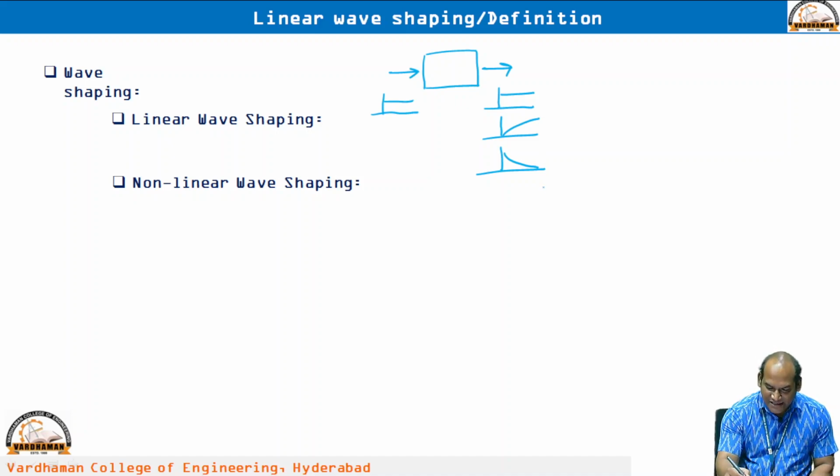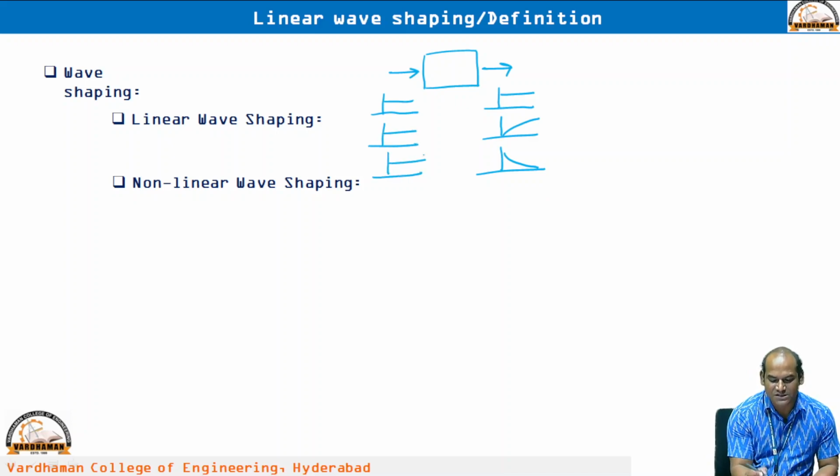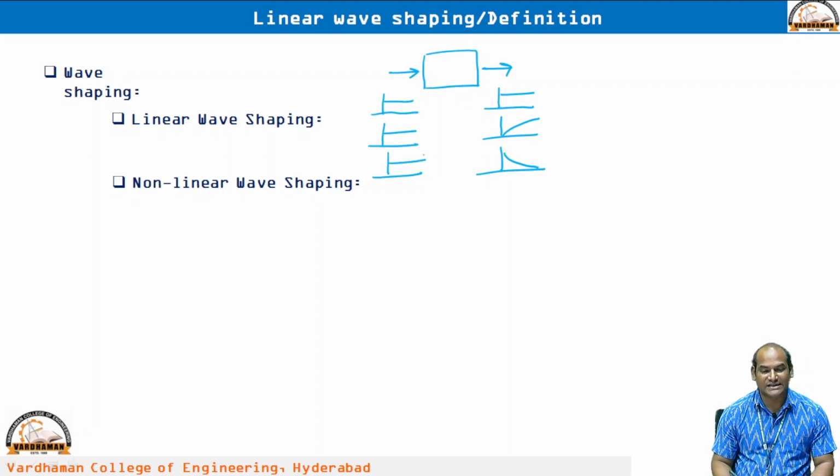So, in these three cases the input is the same. The input is this unit step signal, 0 to 5 volts, given at t equal to 0, and after t equal to 0 it maintains 5 volts only. This type of signal we have given to one particular system. Then these are the corresponding outputs.